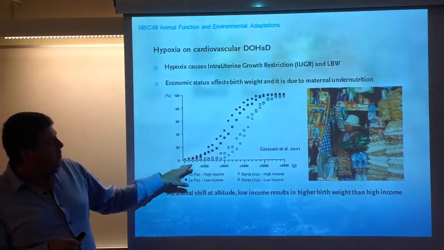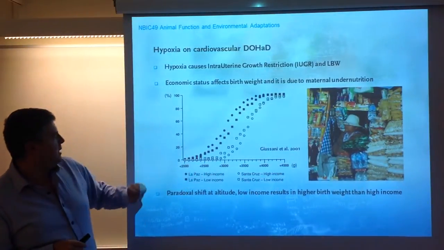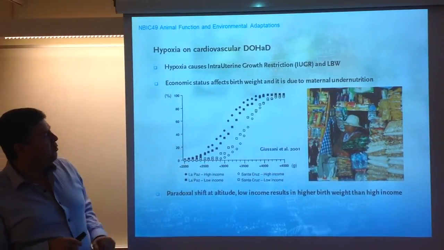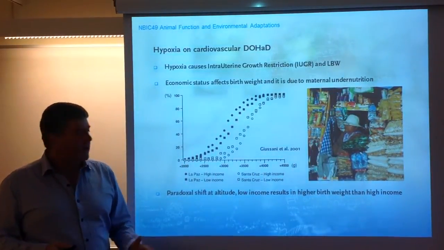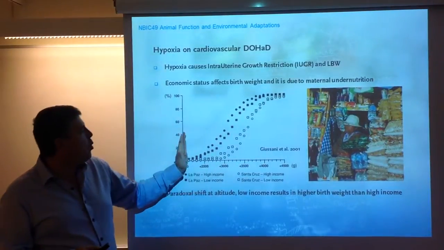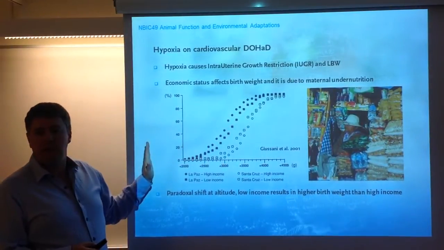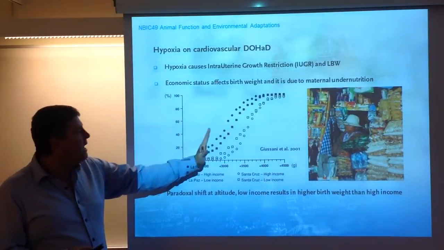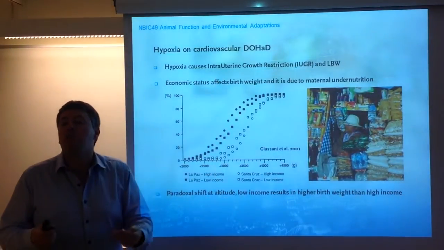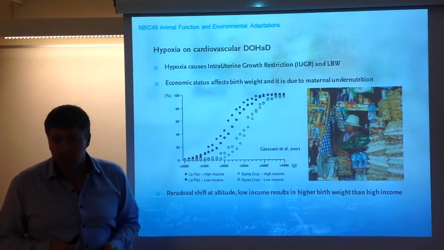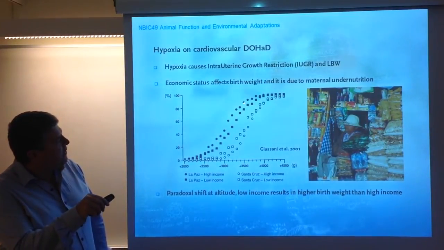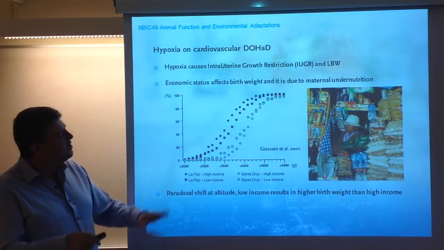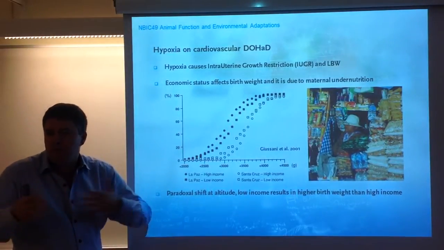It's basically birth weight by percentage. So the percentage of babies that are born at a given weight. When the curve is shifted towards the left, your left, it means that there is a higher percentage of babies that are born smaller, right? So what's interesting here is notice that the babies born in La Paz, these two lines, are smaller in percentage terms.